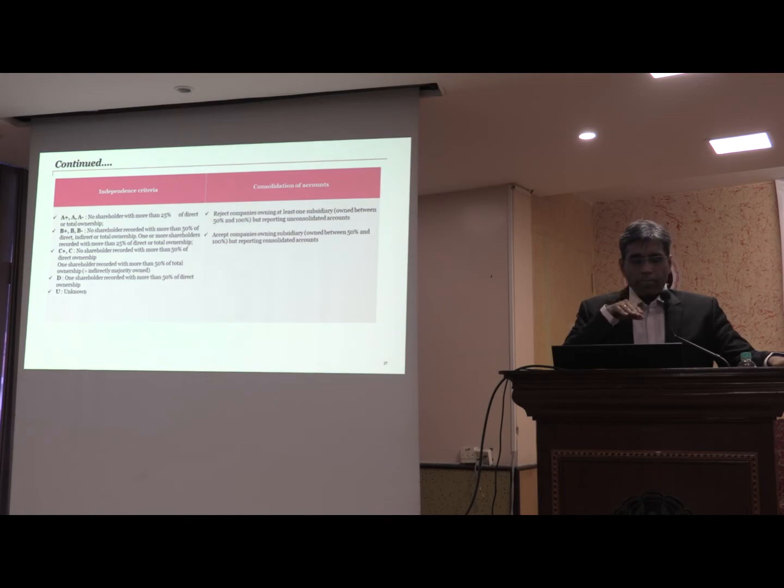So typically, you would select companies which are A plus, A or A minus as comparables because they have less than 25% shareholding. The assumption is, if there is less than 25% shareholding, typically the related party transactions will also be lesser. This is the assumption, may or may not be true, but to start with, one can look at this filter.